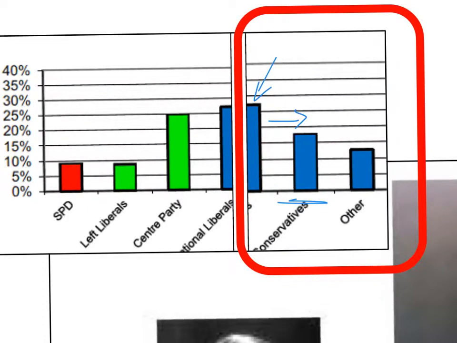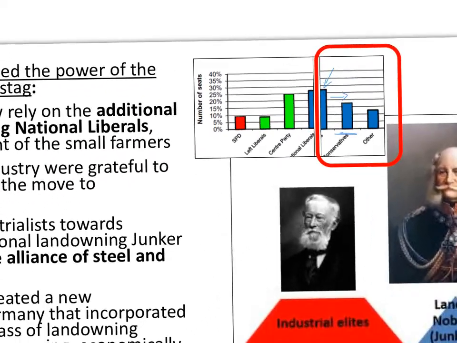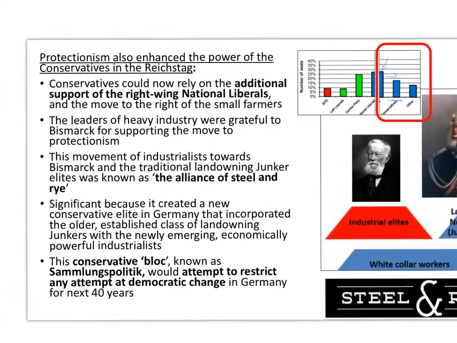That block, that grouping of the deputies in the Reichstag who belong to the Conservatives, okay, they're mainly the Prussian Junkers and the voters, the German farmers, working with the big industrialists, are now bound together, always to work together to support each other because it's in their interests to do that. Okay, so that's the point there.